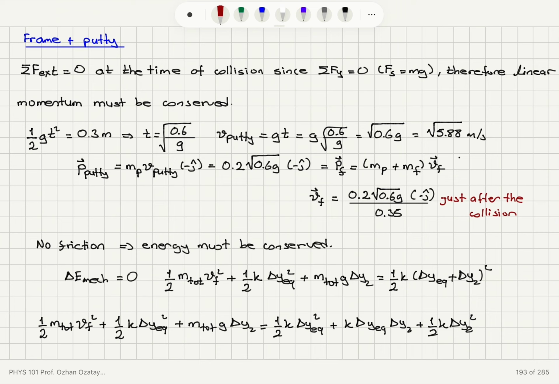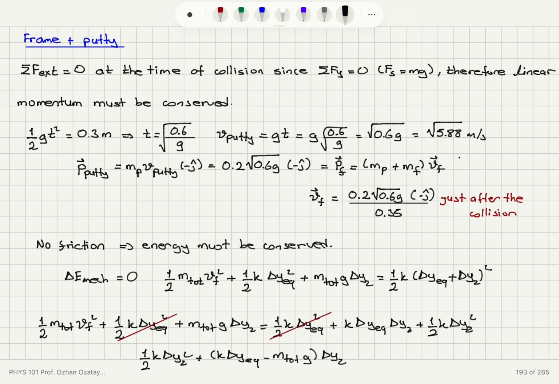Now you can see that these terms will disappear and I will be left with this equation: 1 over 2 k delta y2 squared, so that's this term, and then I will take this term to the right hand side, so that becomes plus k delta y equilibrium minus m total g delta y2.